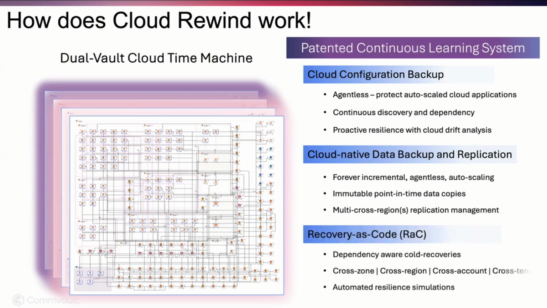Third, when you want to recover, you can offload that work to rebuild the entire application environment, and that is done automatically by Cloud Rewind using Recovery Escort. So we have introduced in the industry two important concepts. One is this cloud time machine for your cloud environment. Second is Recovery Escort.